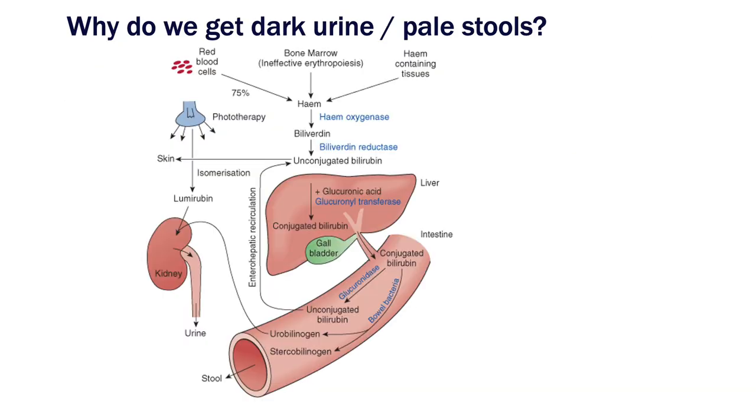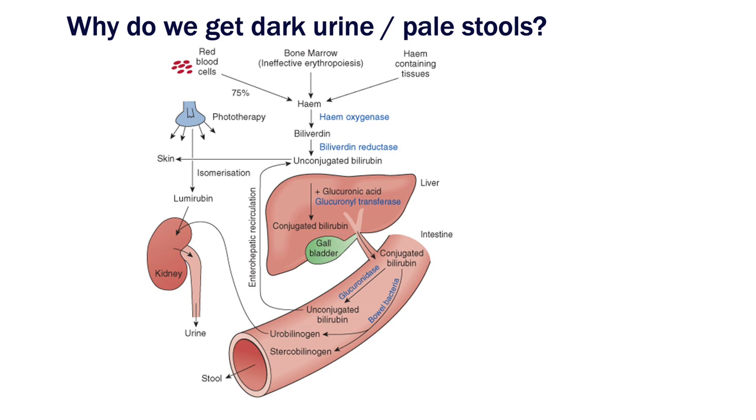Now we're going to outline why you actually get dark urine and pale stools in posthepatic obstructive jaundice. First of all, we're just going to look at this diagram. 90% of red blood cells are broken down by the reticuloendothelial system, and the remainder are hemolyzed within the circulation.